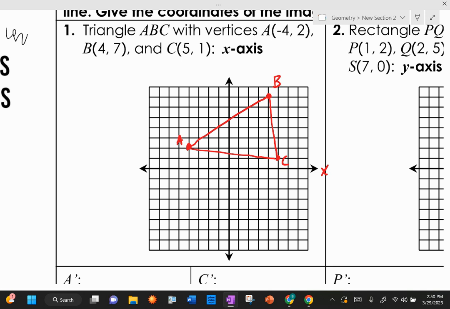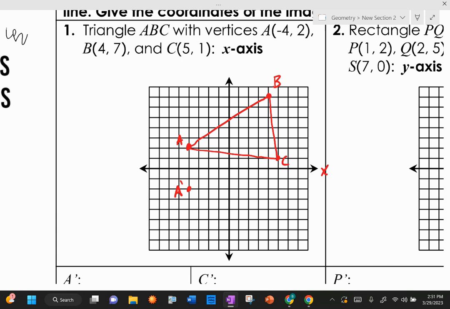You're just going to count from the axis to a point. So if I go to A, from the axis I'm up how many? 2. I'm going to be that same distance away from the axis, but flipped over. So the A prime will be a -2.